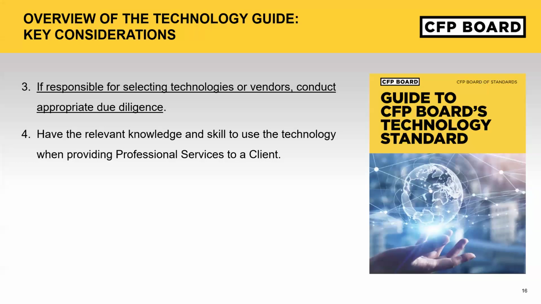Starting with number 3, which states, if you are responsible for selecting technologies or vendors, conduct appropriate due diligence. As it says here, if you're tasked with exploring a new component of your tech stack, proper due diligence is a really critical process to making sure you don't end up with buyer's remorse.